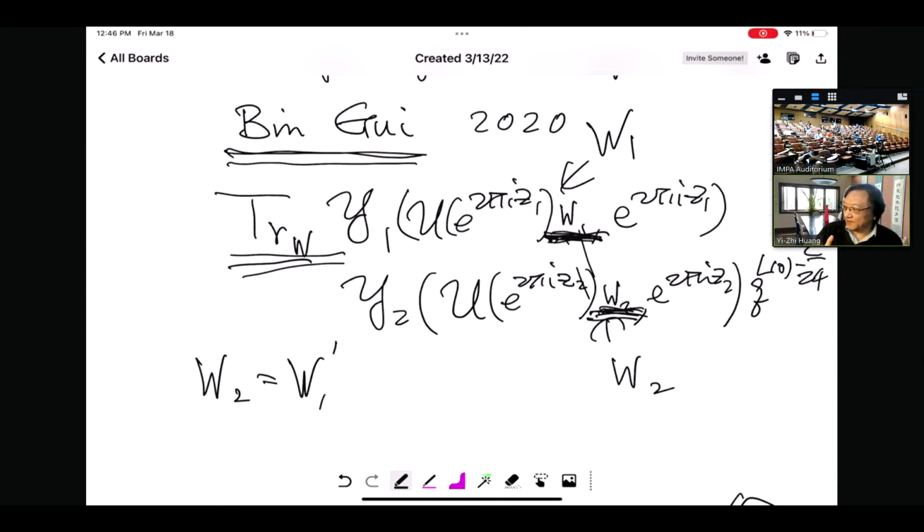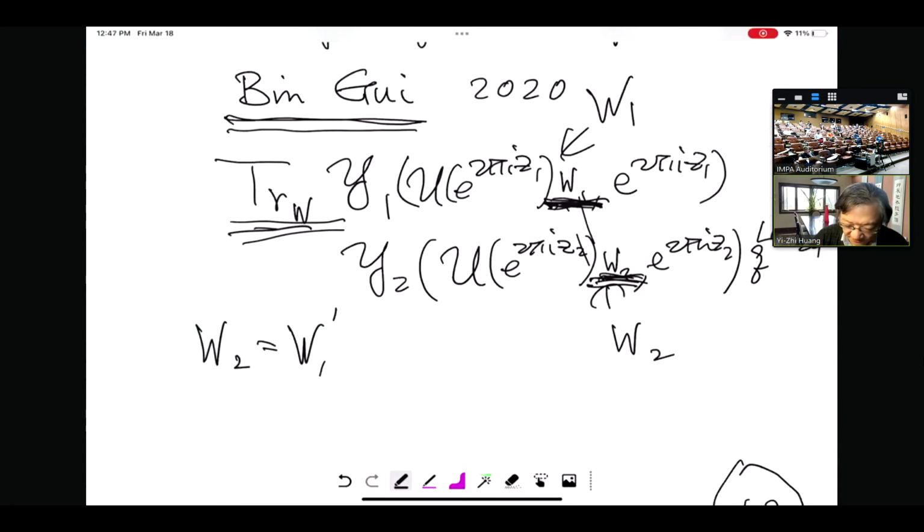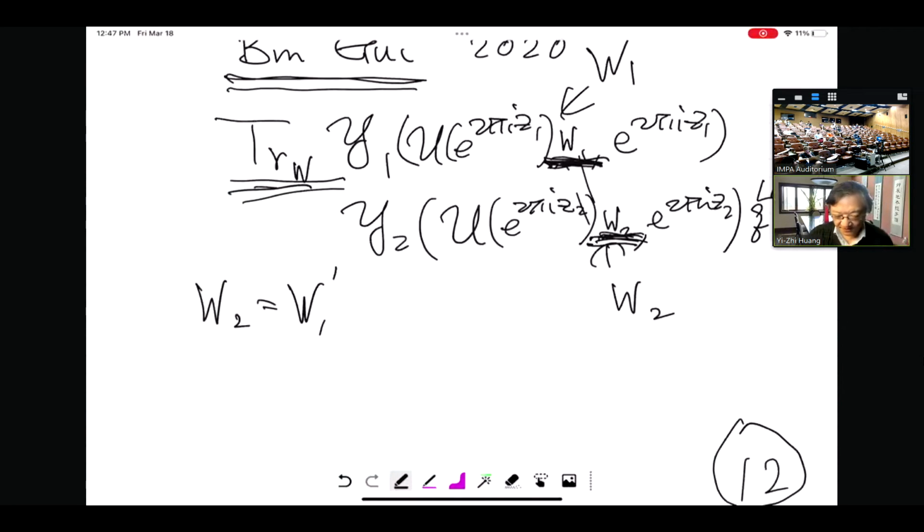a correlation function on the moduli space, not on the Teichmüller space. If you still have some particular trace like this, this is still defined only on the Teichmüller space. But because it is invariant under the action of the mapping class group, it is defined on the moduli space. So this is a very nice result.